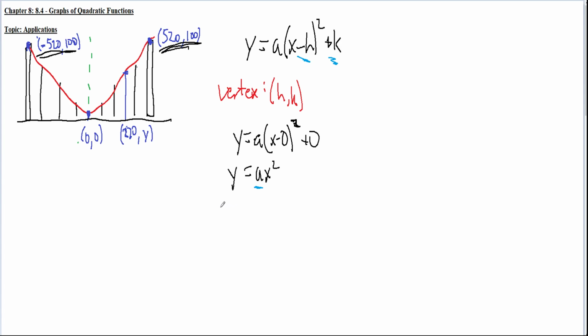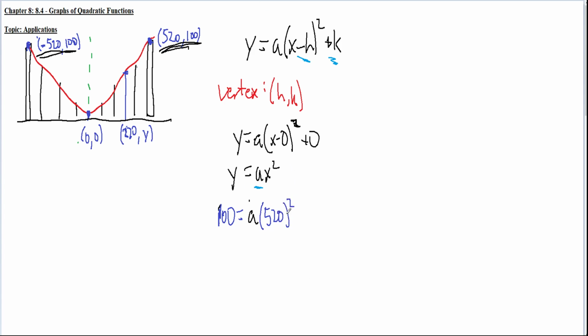So we have 100, I'll write it in blue actually, so that way we know, 100 is equal to a, and then times that 520 squared.